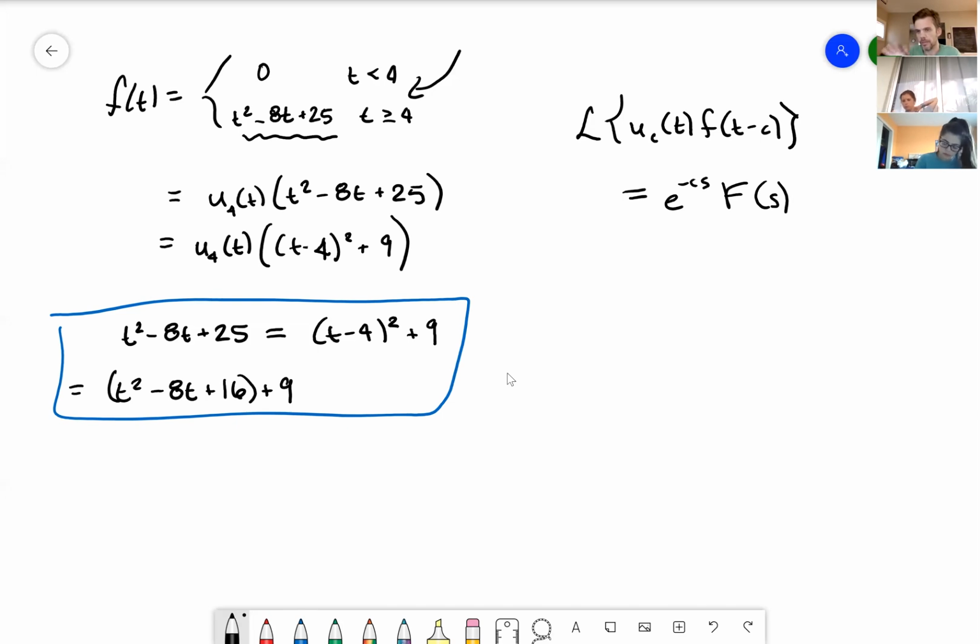Okay, so up to this point, everything makes sense? What I've done? Okay. So it's in terms of t, we need to be able to rewrite it in terms of t minus 4. So we've done that. So let's call this g, and we'll call this thing capital G. And we'll say our g is equal to t squared plus 9.